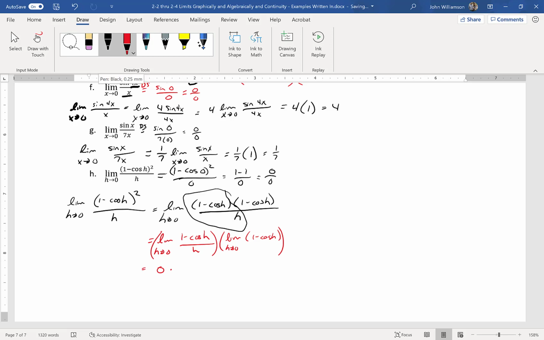And then we can direct substitute 0 in for 1 minus cosine h, right? So this just becomes 0 times 1 minus cosine of 0. Cosine of 0 is 1. So this becomes 0 times 1 minus 1, or 0 times 0, which is 0. So our limit as h is approaching 0 of 1 minus cosine h quantity squared over h is 0.